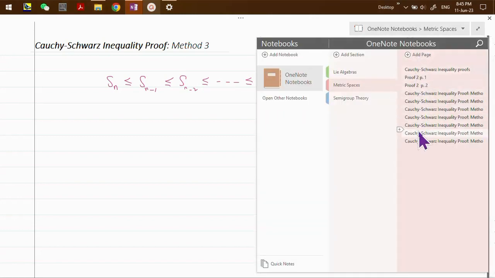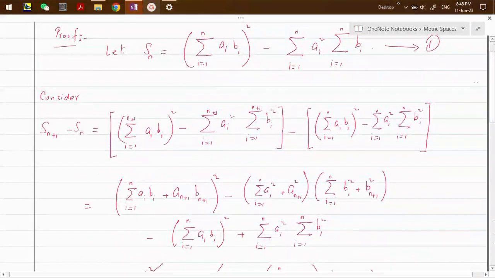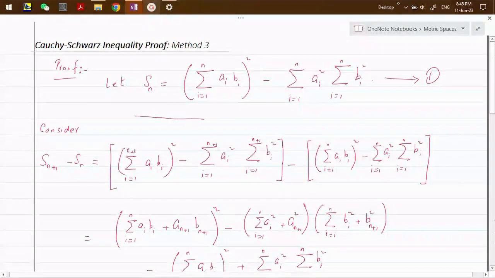What is S1? In equation 1, when n is equal to 1, here we have ai bi square minus, when n is equal to 1, we get ai square, and for n equal to 1 we have bi square.